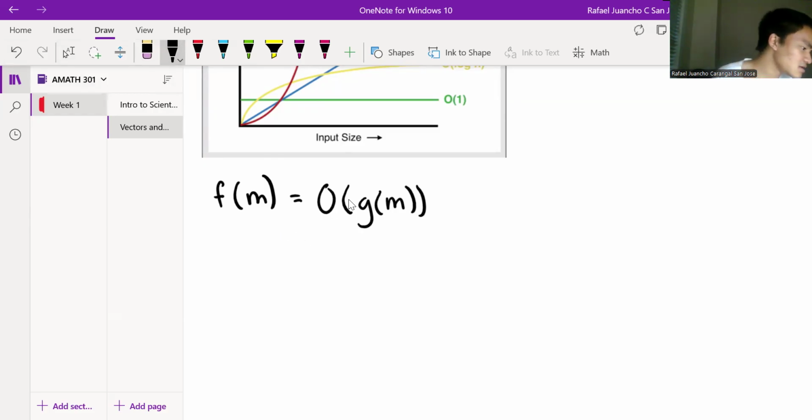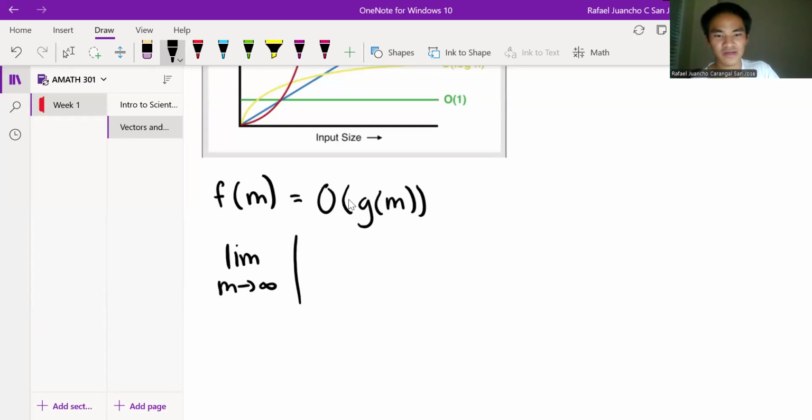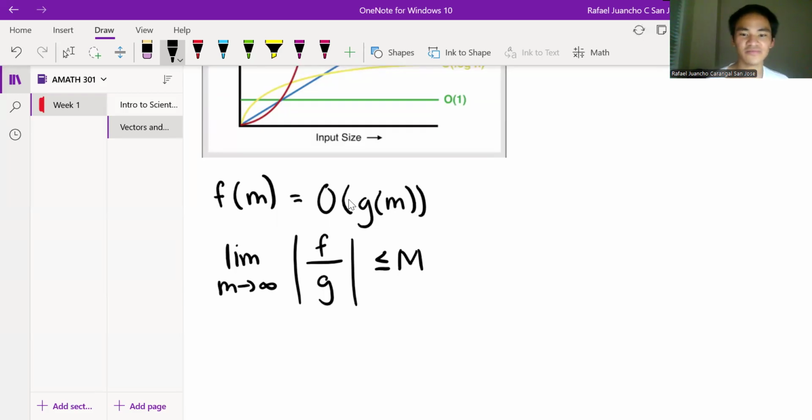And let's say we calculate the limit. So this is calculus 1. As m reaches infinity, we say that the absolute value of f over g is bounded by capital M. Could be any, but we're just bounding it.